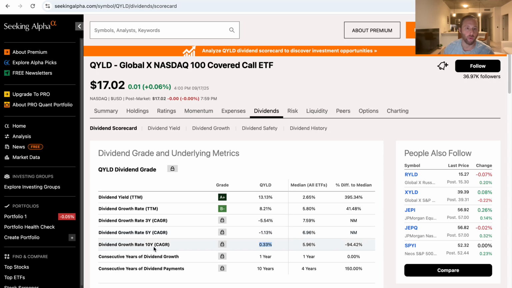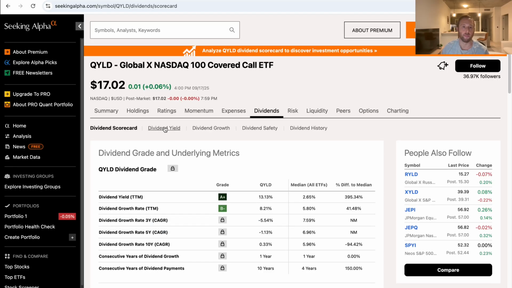Over a 5-year period, the dividend has declined negative 1.13%, and over the 3-year period, the dividend growth rate has declined negative 5.54%. This year it looks like it bounced back a bit, which is okay, but we've seen quite a strong decline in that dividend growth rate over time.